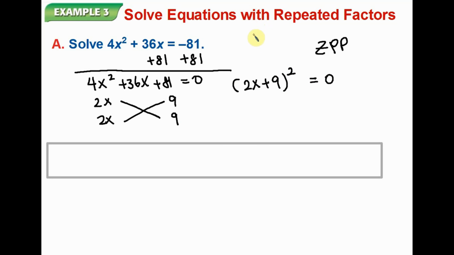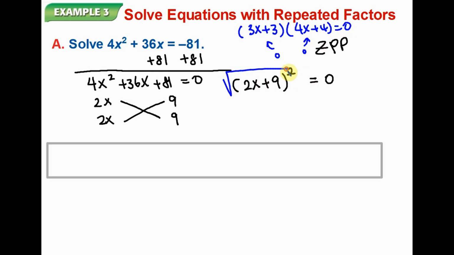Just to give you a side note, in the past, we've been using something like 3x plus 3 and, I don't know, 4x plus 4 is equal to 0. And then you were supposed to set this one equal to 0 or that one equal to 0. In this case, you have the square. So before you do this, you have to get rid of the square by taking square root on both sides.